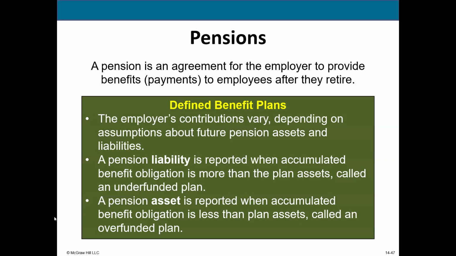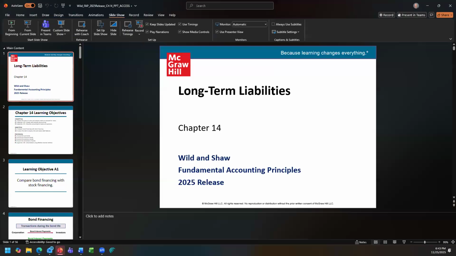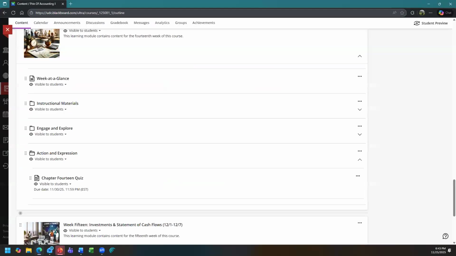And that, my friends, brings us to the end of our discussion today on long-term liabilities. Just to remind you, for Sunday night, you have your Chapter 14 quiz. I strongly encourage you to do that early, so you don't have to worry about something like that over Thanksgiving break. It's always best to knock out things early whenever you can.